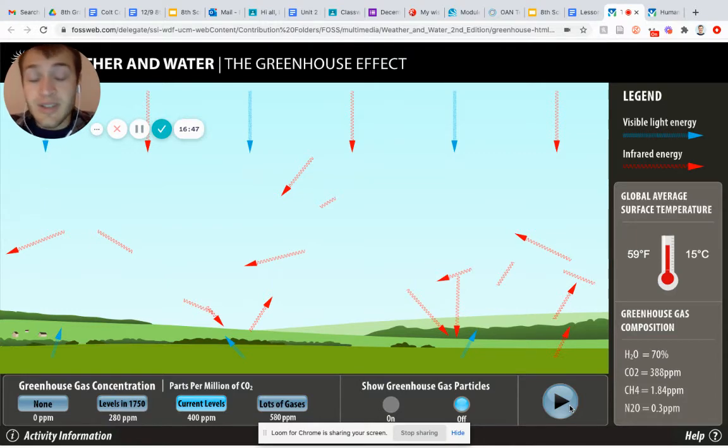And lastly, record how much carbon dioxide there is in the atmosphere.